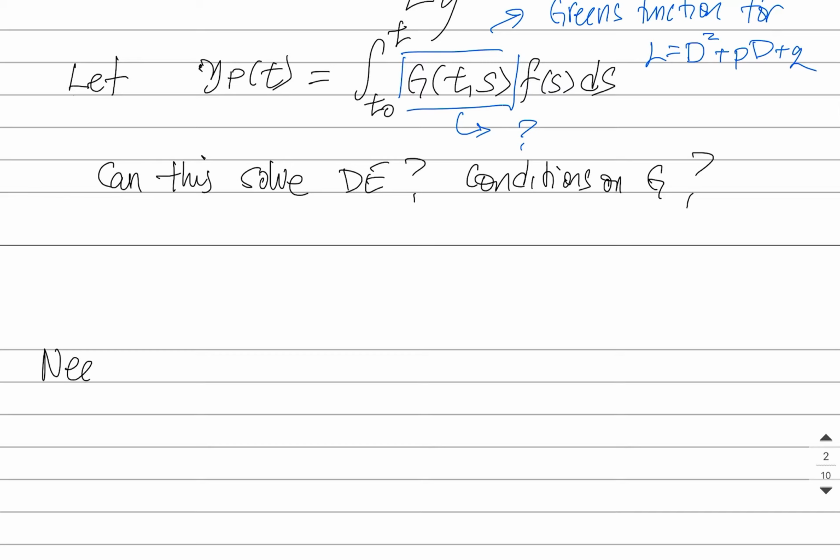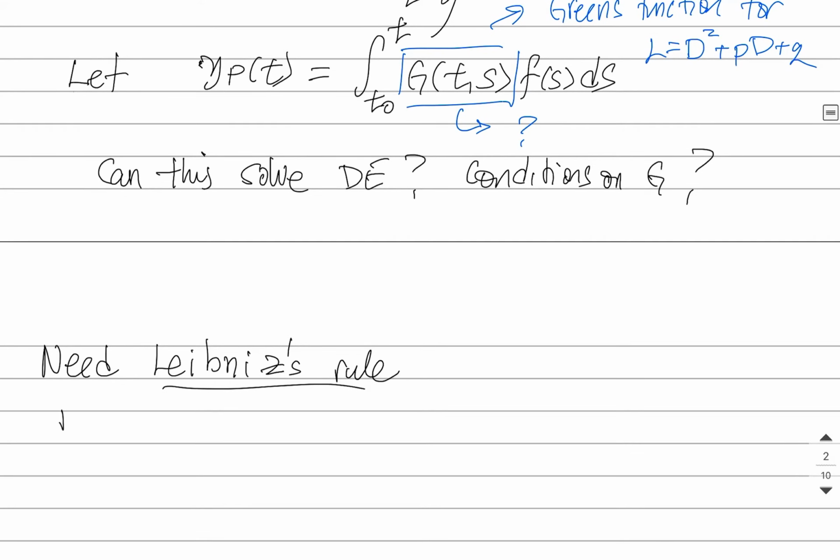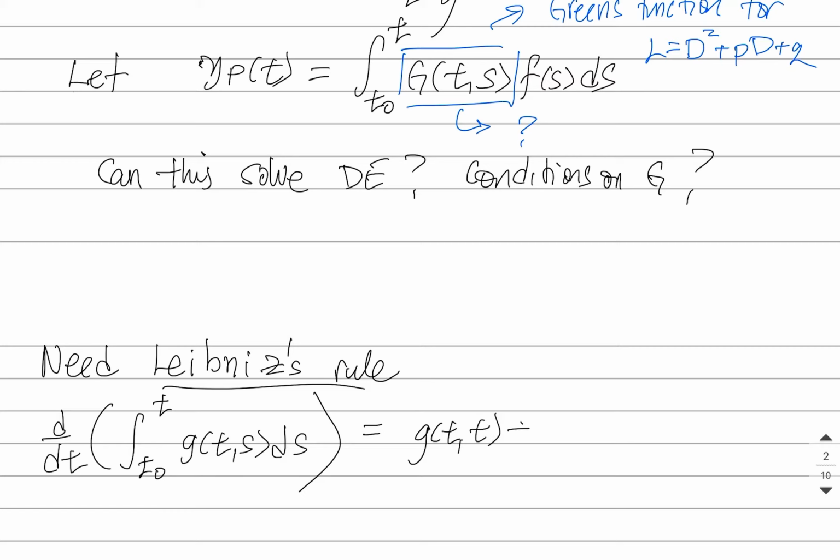We are going to need something called Leibniz's rule. Leibniz's rule says if you ever need to differentiate a function that's been given in this antiderivative form, and it's a function of 2 letters on the inside like this, it will turn out that you have to properly account for everything in this way.